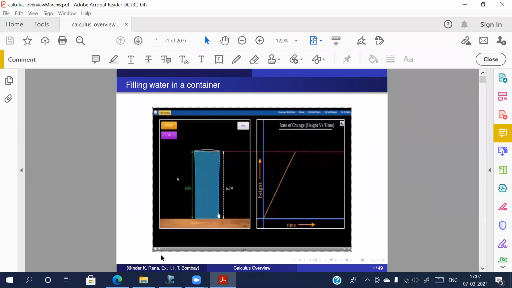What the video shows is water being filled in a glass which is cylindrical in shape. The water is filling at a constant rate, and a graph is drawn of the time versus the height, and that is a straight line, as shown in the video here.